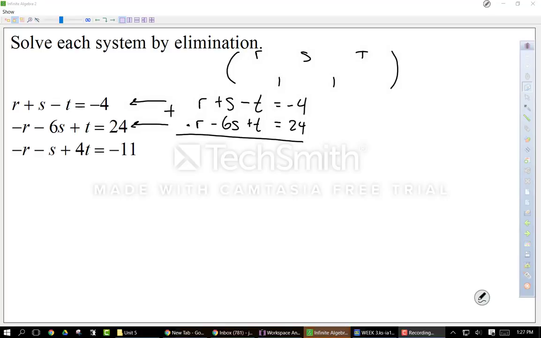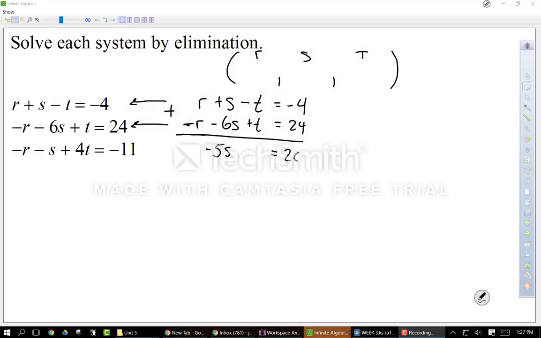Because I'm adding these, R minus R is 0R, but because I have a 0R, I don't need to write it. 1S minus 6S is -5S. -1T plus 1T is 0T, but again, I don't need to write it.